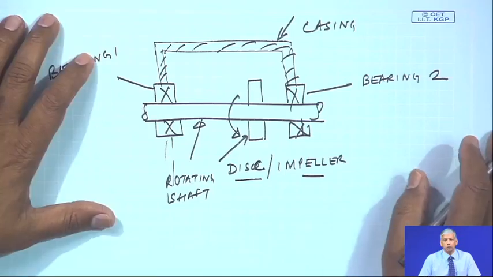Think of a large turbine, a compressor, an aircraft engine. All these rotating machines have a shaft supported on bearings. So, rotordynamics studies the dynamics of such rotating shafts which are subjected to different conditions.